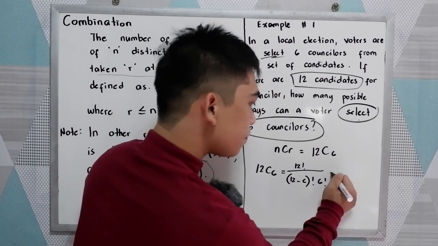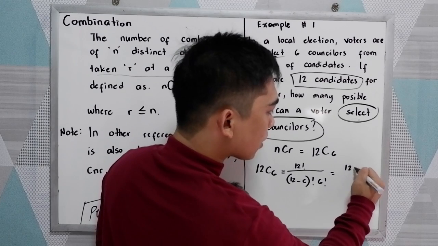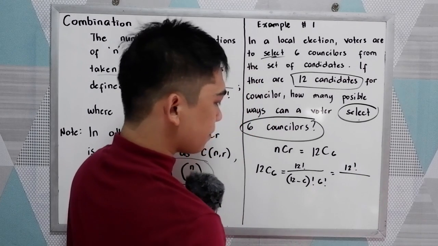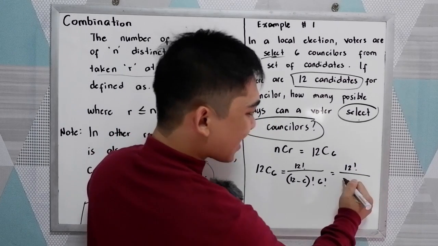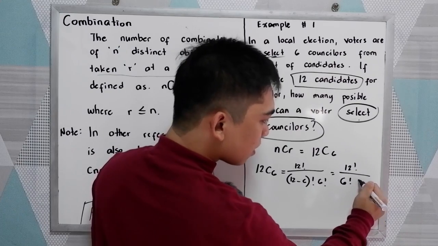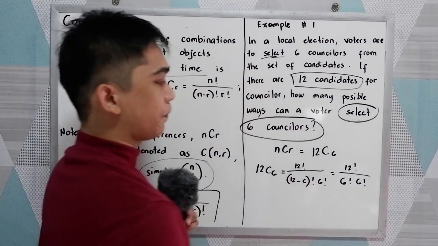So this will become 12 factorial all over 12 minus 6, that is 6 factorial times 6 factorial.